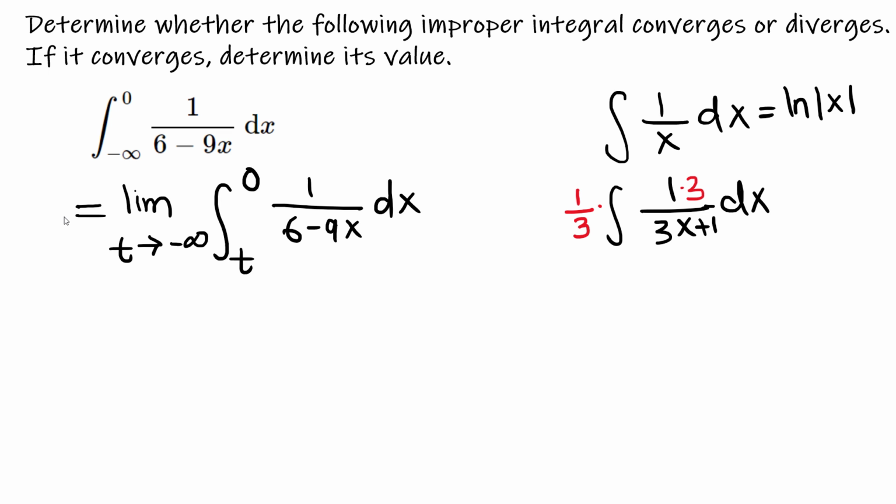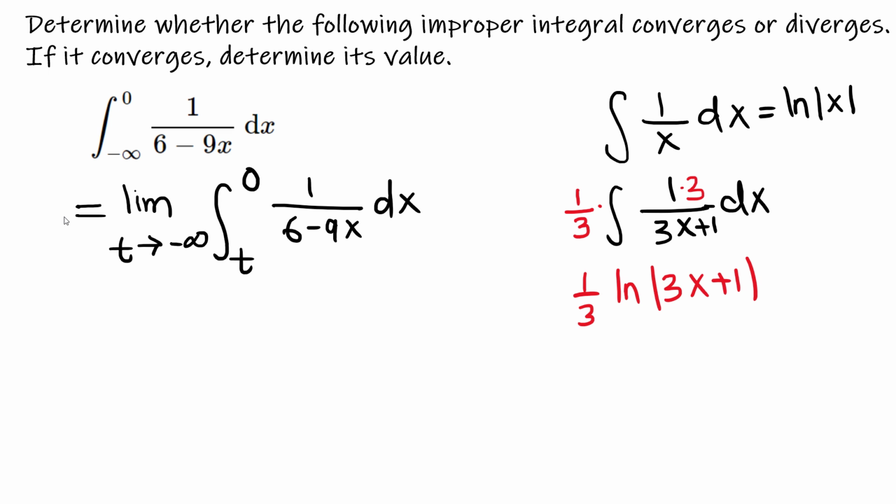So 1 times 3 is 3, and we can always take a constant outside. The top is the derivative of the bottom, with 1/3 outside, so the antiderivative is natural log of the bottom.